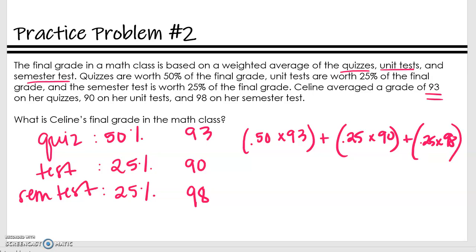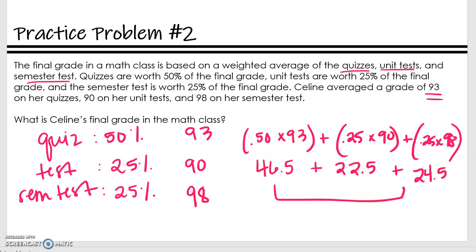Okay, so 0.50 times 93, she will get 46.5 points for that. 0.25 times 90, she gets 22.5 points for that. And 0.25 times 98, she gets 24.5 points for that.